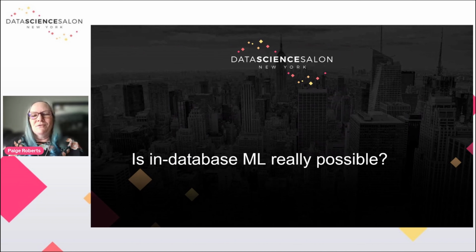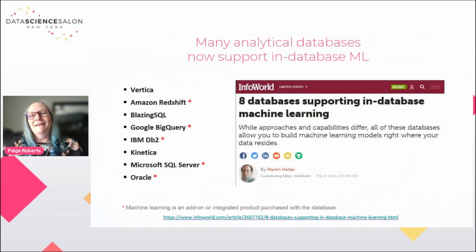All right. So that all sounds really awesome. Yeah, but is it real? And the answer is yes. There right now are a bunch of analytical databases out there that support in-database machine learning. In fact, most of your good analytical databases, I'm not talking about stuff that's designed for just transactions.